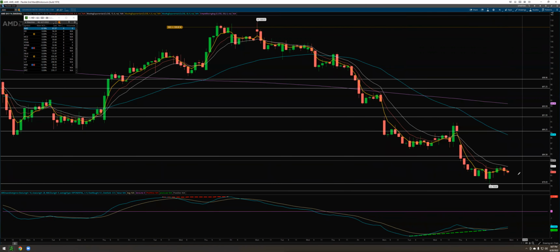What other levels in the short term could there be? We have some support in here and on this level. If you can see, we have this low, and this low.